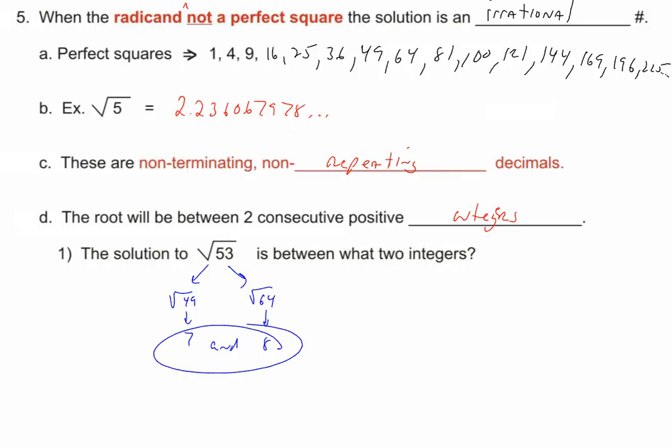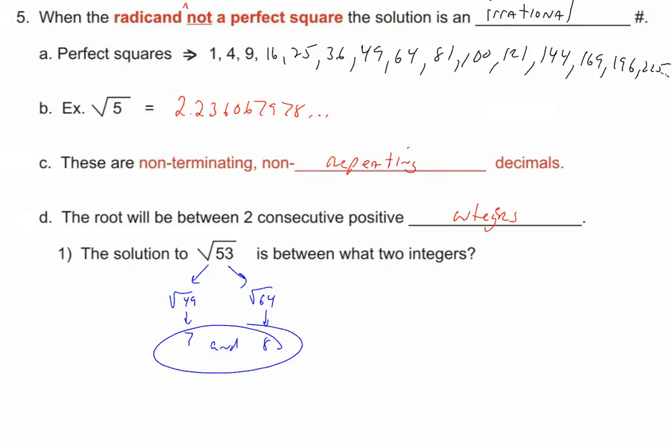Why? Because the square root of 49 is the closest perfect square lower than the square root of 53, and therefore the square root of 64 is the next highest one, so it's got to be between 7 and 8. So that's the idea there, and that's what we're thinking about as we try to do these.